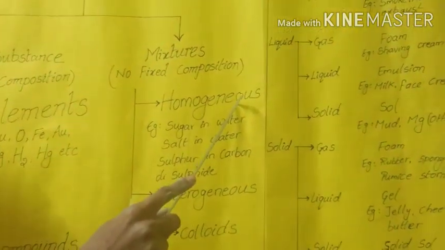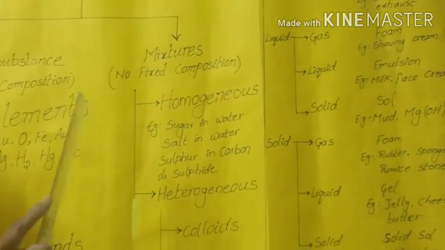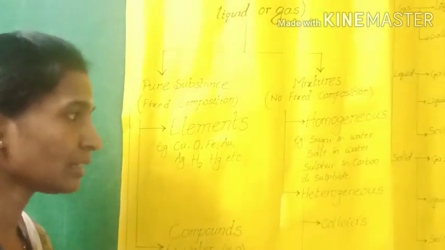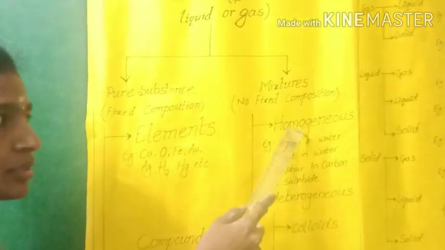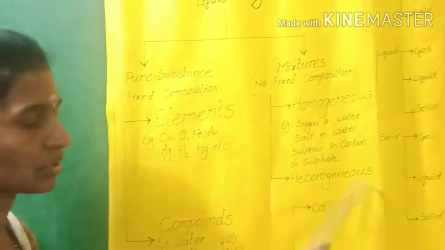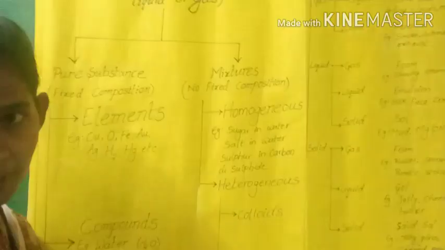In a homogeneous mixture, the composition of the particles will be the same throughout. Sugar in water, salt in water, sulfur in carbon disulfide are some examples of homogeneous mixtures. Heterogeneous mixtures, as I told, will be divided into two parts, colloids and suspensions.